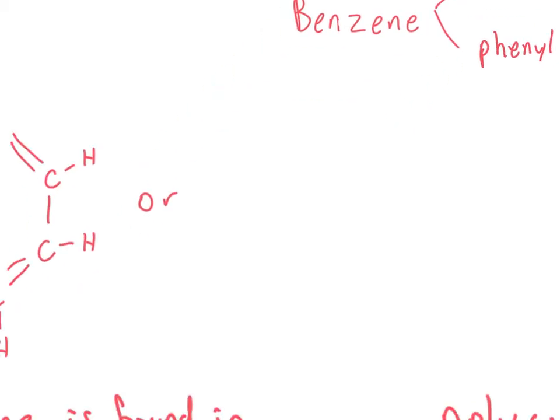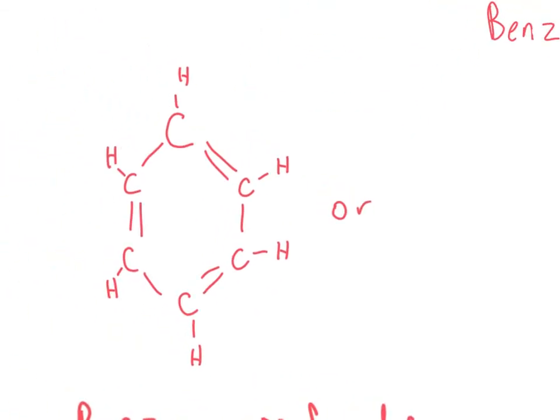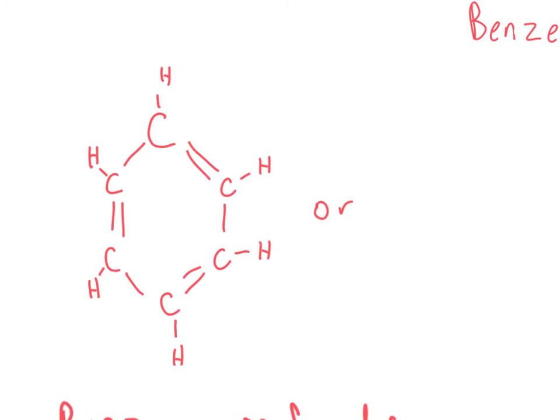So what is benzene? Benzene looks like this. We'll just count up our carbons. We have 1, 2, 3, 4, 5, 6 carbons in a ring with a double bond every second bond. So here would be a single bond, double bond, single bond, double bond, single bond, double bond.